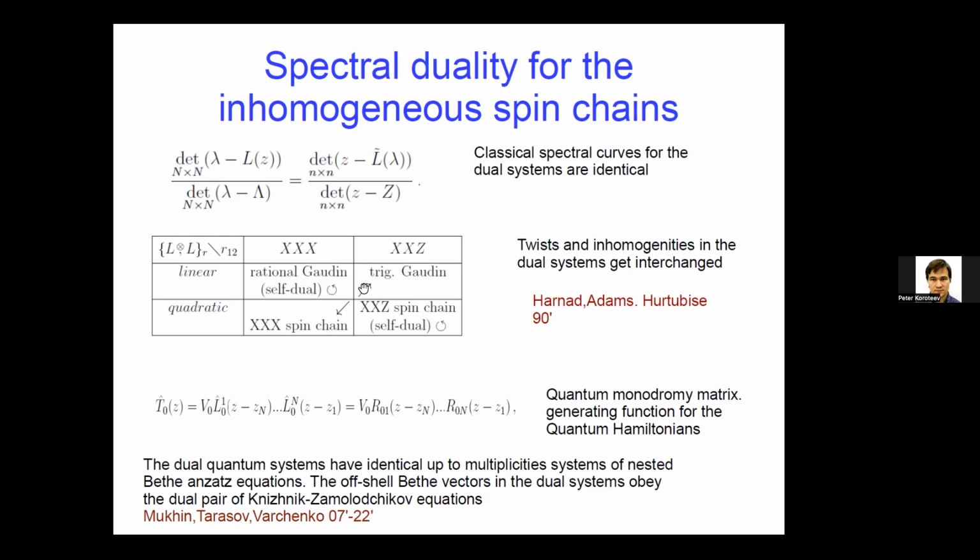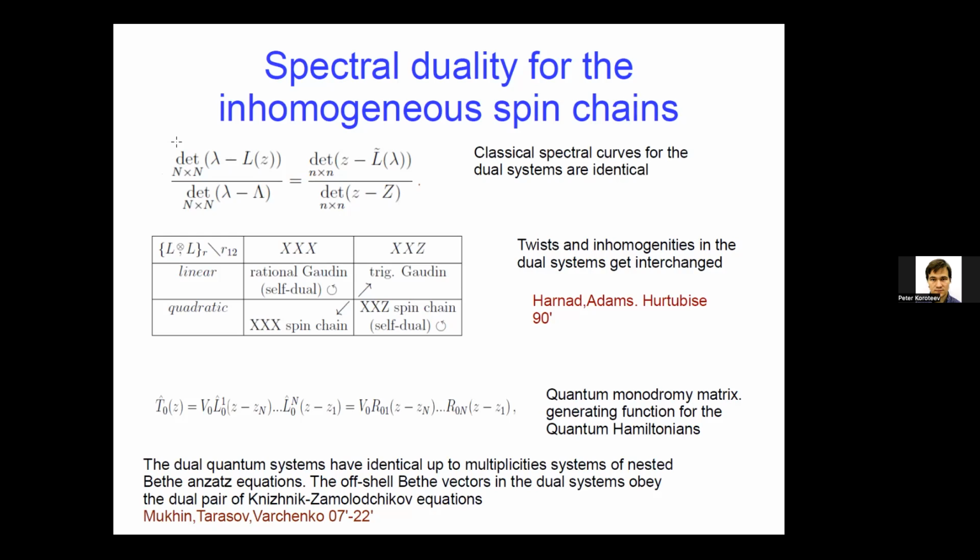However, this identity holds, and in the same language, the rational Gaudin model is self-dual, and on the other hand, the trigonometric Gaudin model is dual to the XXX spin chain. The XXZ spin chain is self-dual. So this is a classical relation. We know that the determinant of the Lax operator, the characteristic polynomial of the Lax operators, provides the spectral curves, that is the generating function for the conserved quantities.